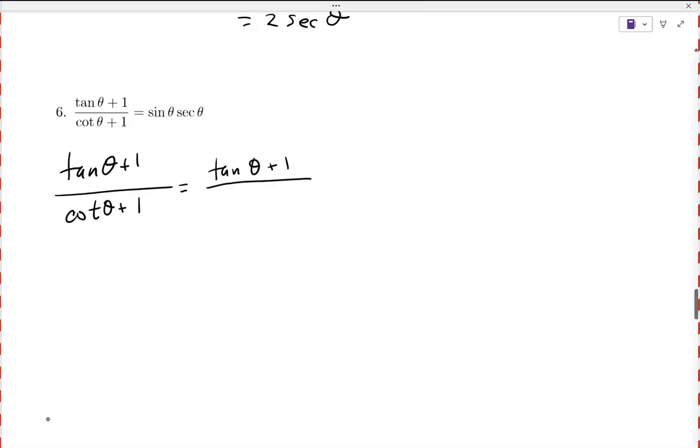I would use a reciprocal identity to replace cotangent. How can you write cotangent in terms of tangent? It's just 1 over tangent, right? And again, the only reason why I did that was because I looked at the right-hand side ahead of time and said, that's really tangent. So let's just keep everything in terms of tangent and see what happens. Does that make sense? Okay.